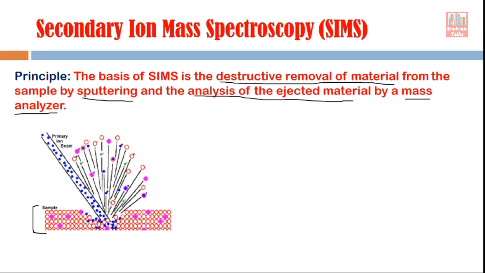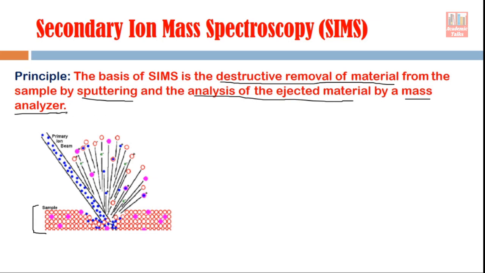The atoms of the host material are ejected out. The impurity atoms which were present in this portion are also going out of the material. You can see here open circles as well as filled circles are present. All the ejected material atoms have to be analyzed by a mass analyzer.